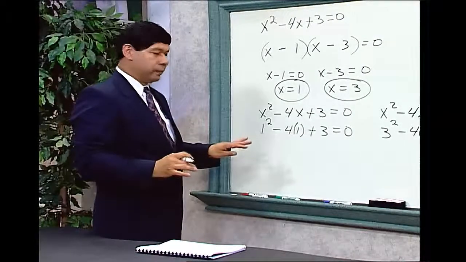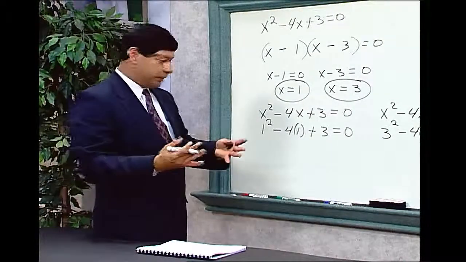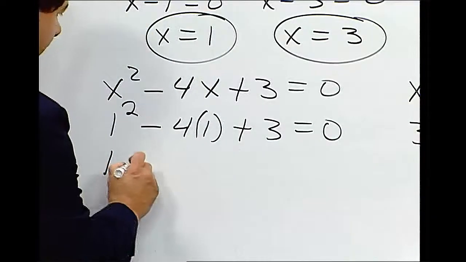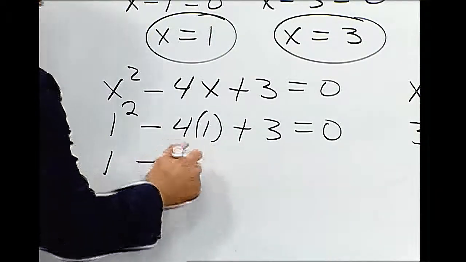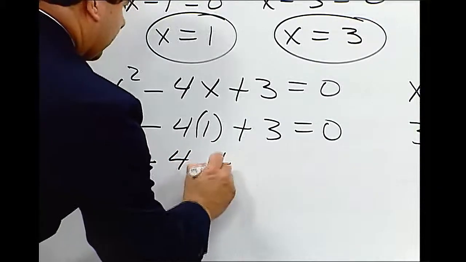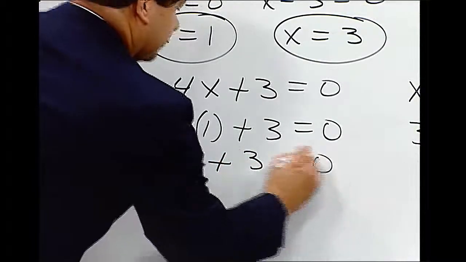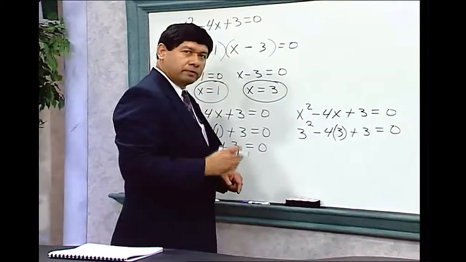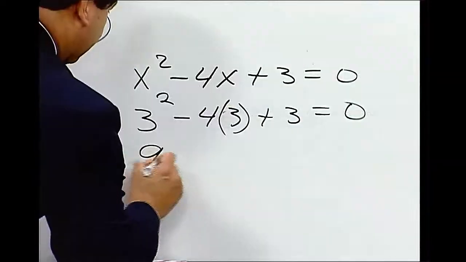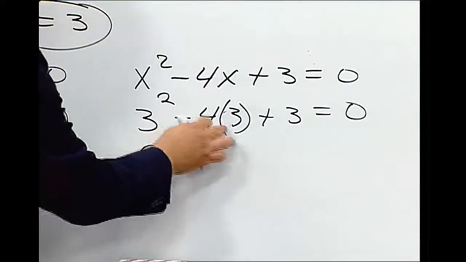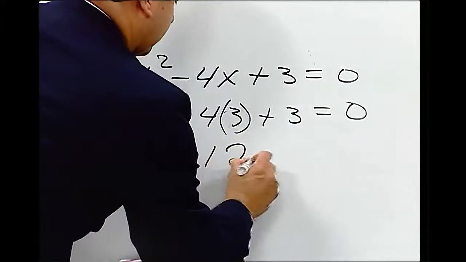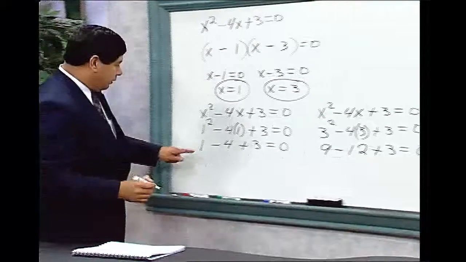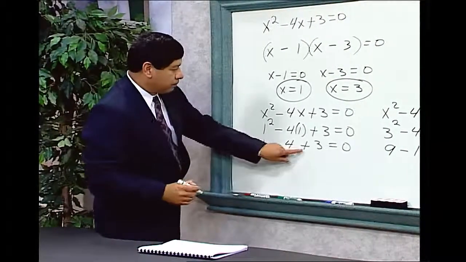At this point, we're not doing anything other than just arithmetic. 1 to the second power, 1 times 1 is 1, minus 4 times 1 is 4, plus 3 is equal to 0. Next equation, 3 to the second power, 3 times 3, 9, minus 4 times 3, 12, plus 3 is equal to 0.